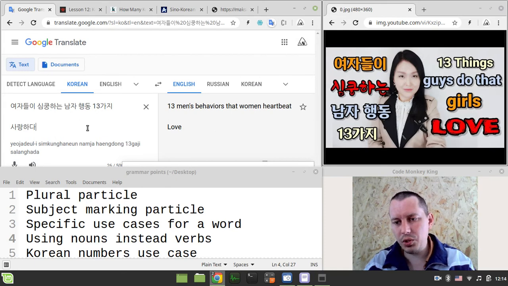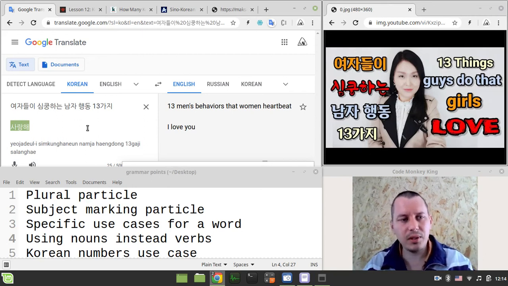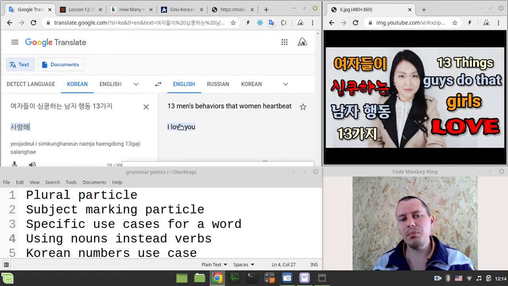And if we want to conjugate it to the present form, we can use saranhi, but it would already translate as I love you, because it clears out all the context. But as we don't have any context here, this translation might not always make that much sense, right? Because in conversation it's okay, but in written form this might be totally different. So this translation is not something that you can rely on.